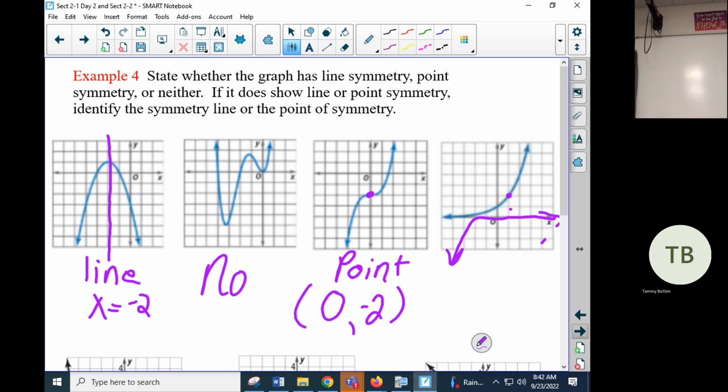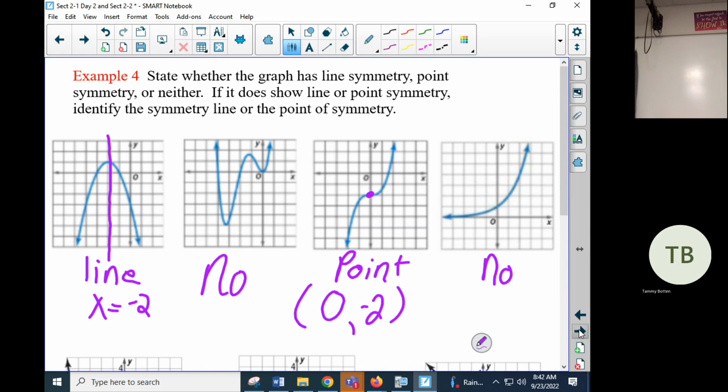Can you see that? If you spun this around, this would end up coming here. This would end up going there. So this has moved. What you're looking for is, if you spin it around, would it map onto itself? And it would not. So then you would just say spin.